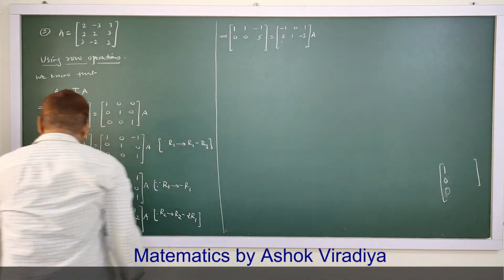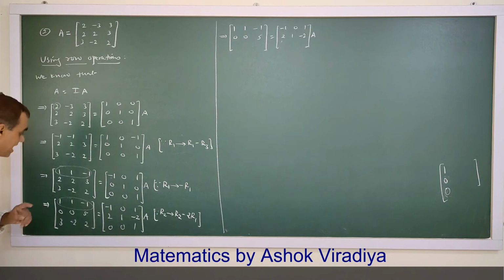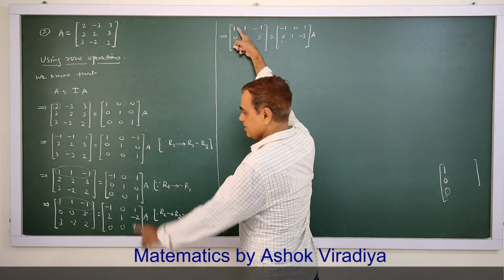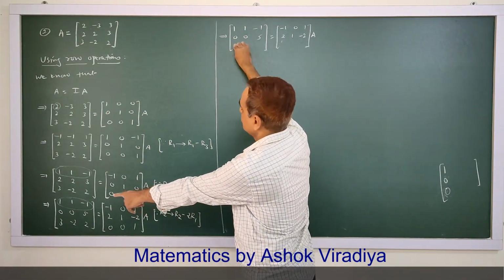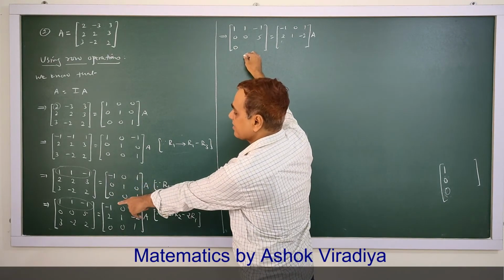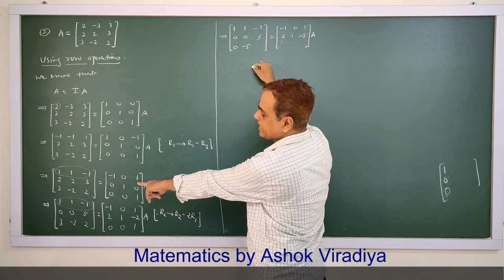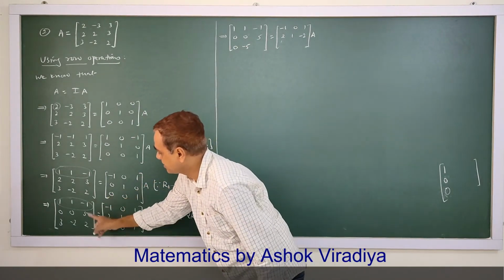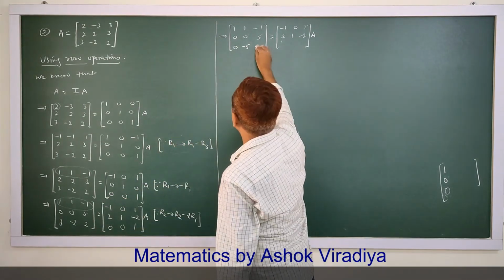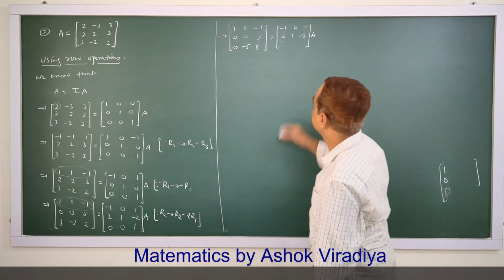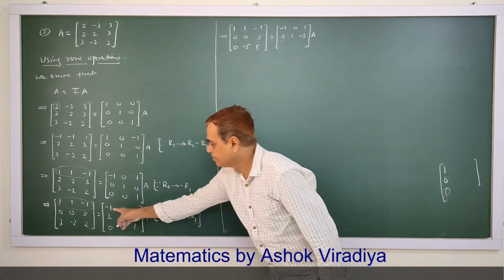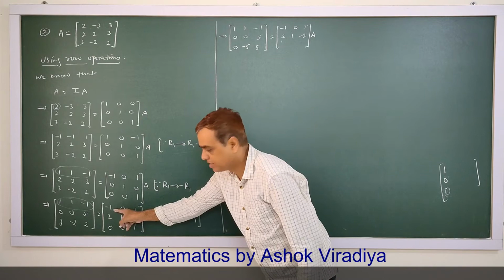Now focusing here. Multiply by 3, subtract here. Multiplying by 3, subtract there, so 0. 3 subtract there, so minus 5. Multiply by 3, so minus 3. Subtract here, so plus 3. 2 plus 3, 5. Same we perform here. Multiply by 3, so minus 3.